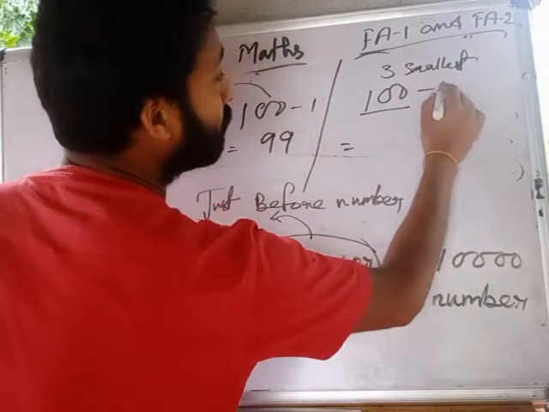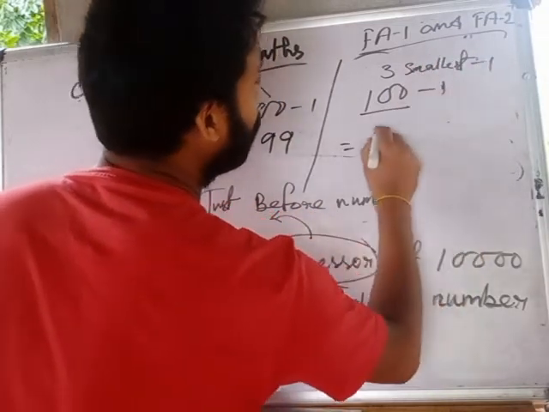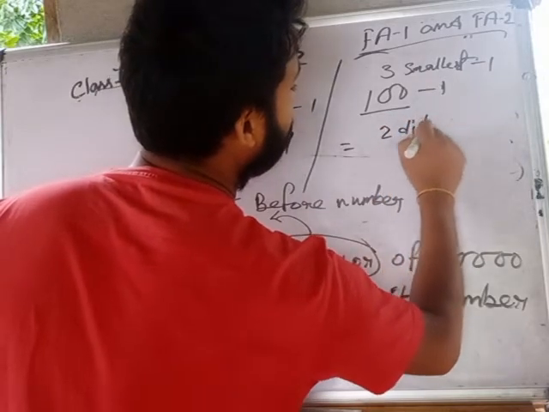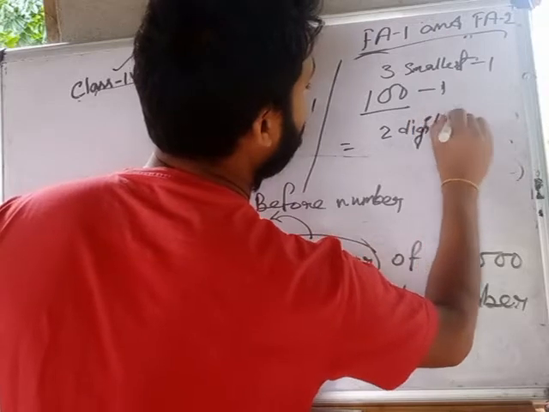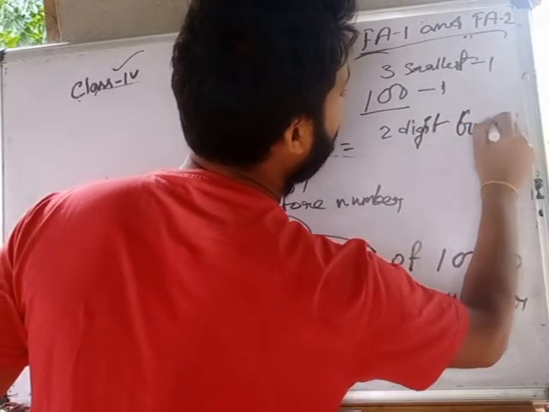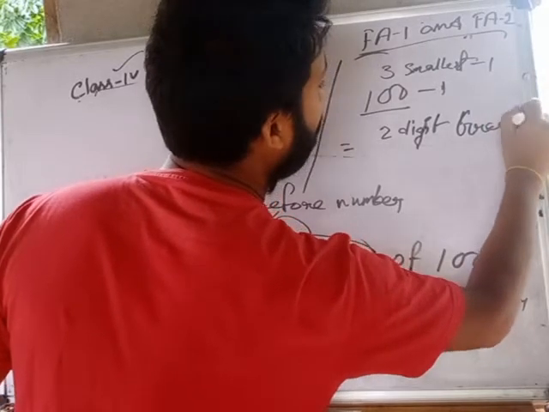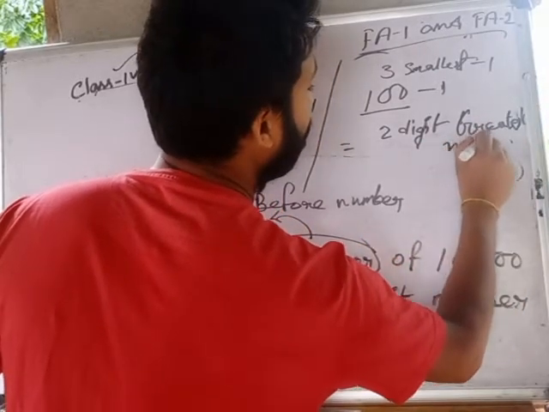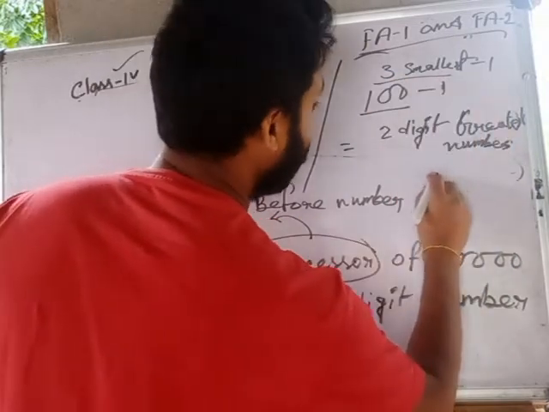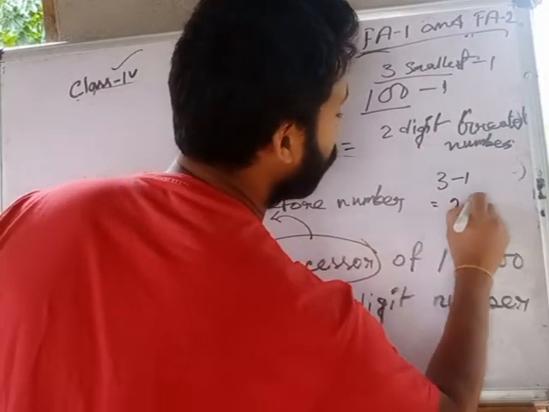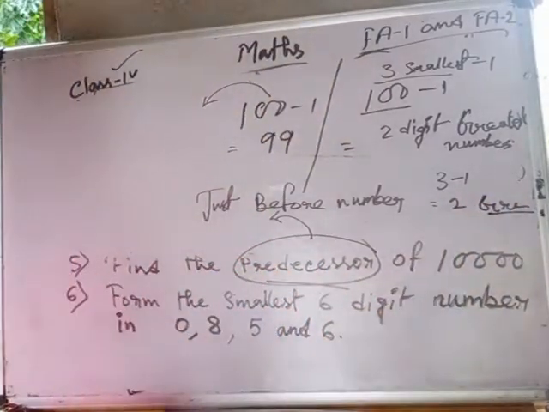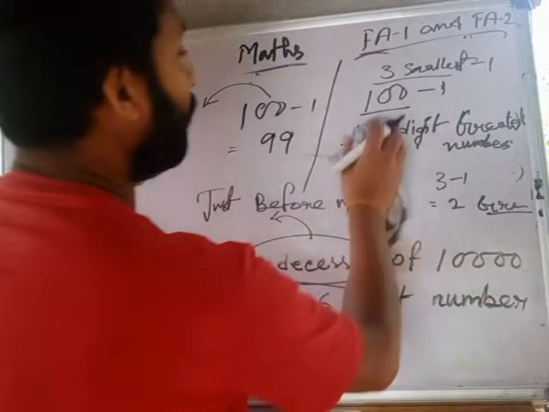If we subtract 1, it goes to the 2-digit greatest number. Why? 3 minus 1, that is 2. The 2-digit greatest number.